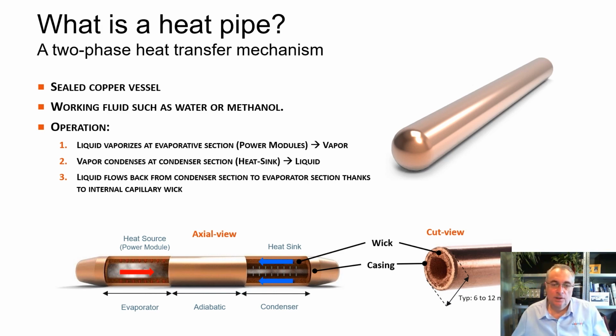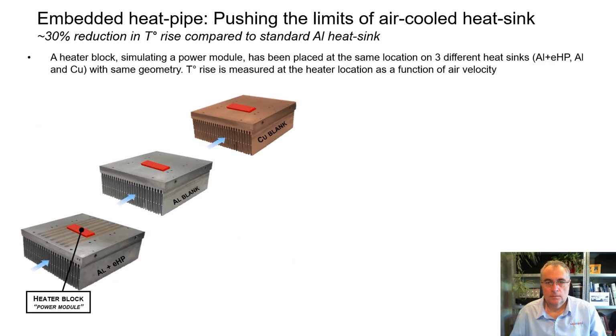Here the other end will naturally tend to condense this vapor into a liquid, and the liquid will get back to the evaporator on the left hand side by a basic capillary transportation means. That's really the way it works. It's really a continuous back and forth of the vapor.